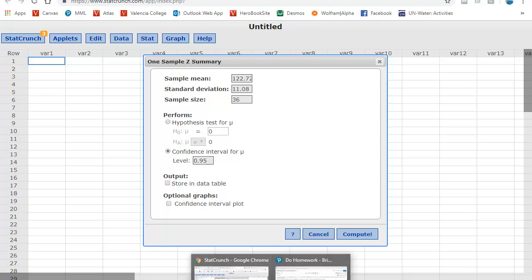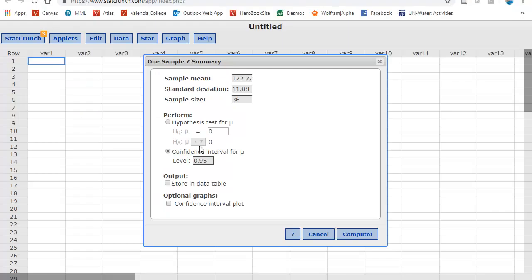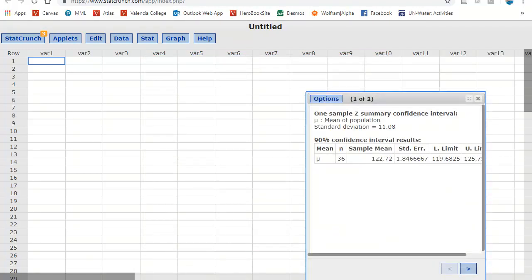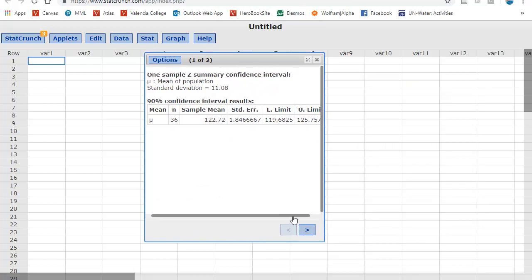And for this problem, what were we asked for? We first asked for 90%. So I'm going to tell it that I want a 90% confidence interval. I actually like to see the visualization too, so I'm going to include the plot. And when I calculate, I can see here's the sample size, a reference of what we typed in.